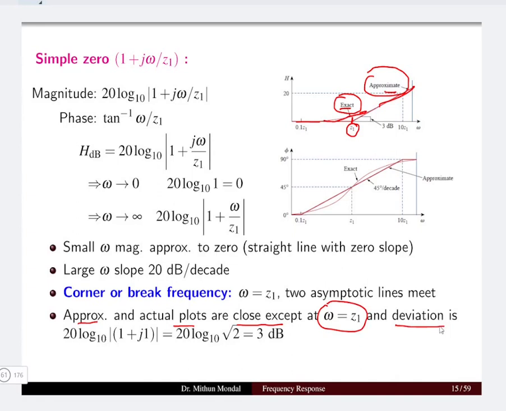So there is a deviation of 20 log 10 of the modulus of 1 plus j1, which is equal to 3 dB. So the deviation will be around 3 dB between the approximate plot and the actual plot. The same thing happens in the phase also. There is a difference between the approximate plot and the exact plot.